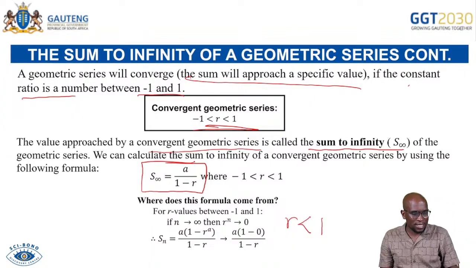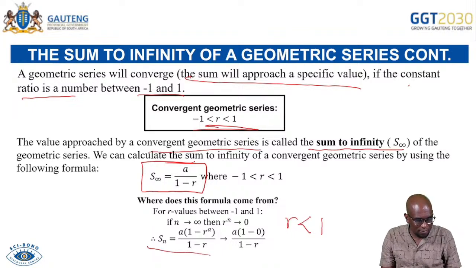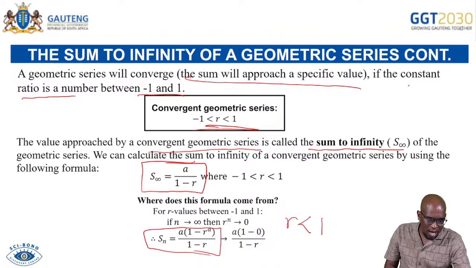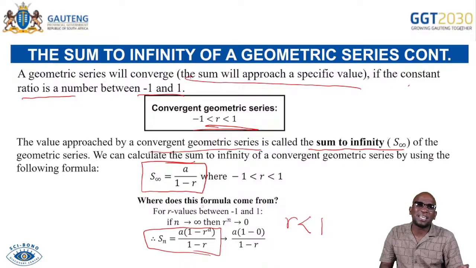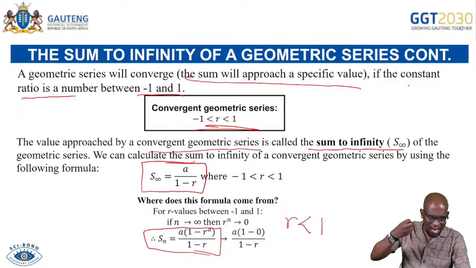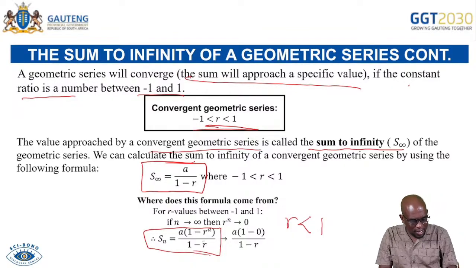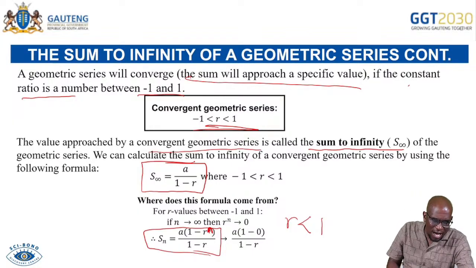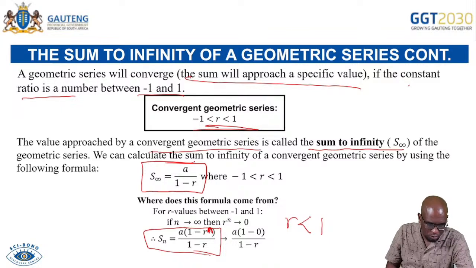Now, let's see, where does the formula come from? The formula comes from the fact that you have the sum to n terms of a geometric series, and then we know that as the value of n gets bigger and bigger, r to the n approaches 0.